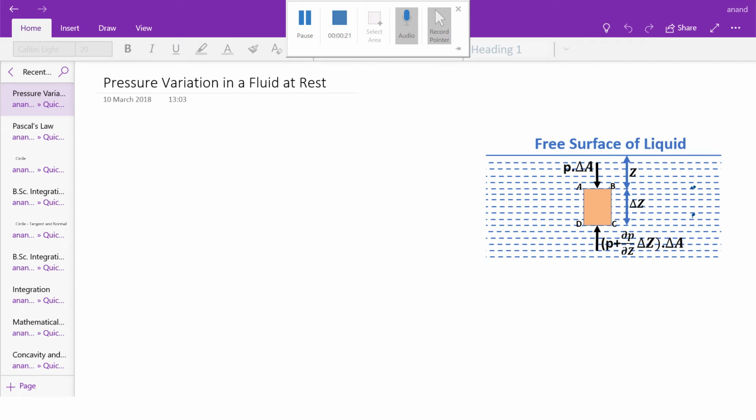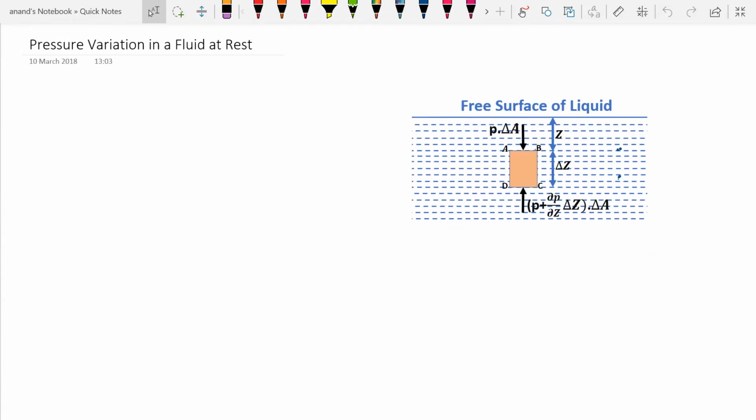Before discussing this concept, we must know the hydrostatic law, according to which the rate of increase of pressure in a vertically downward direction in the fluid element is equal to the specific weight of the fluid at that point.